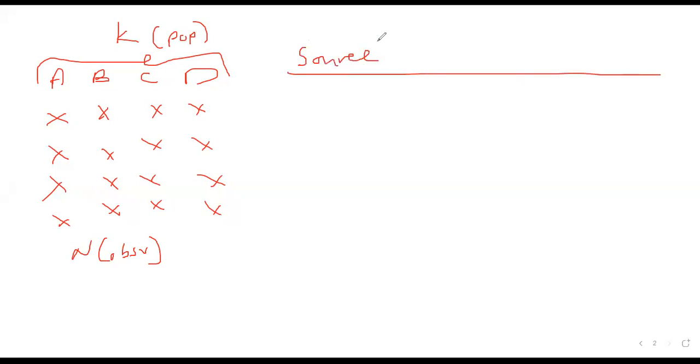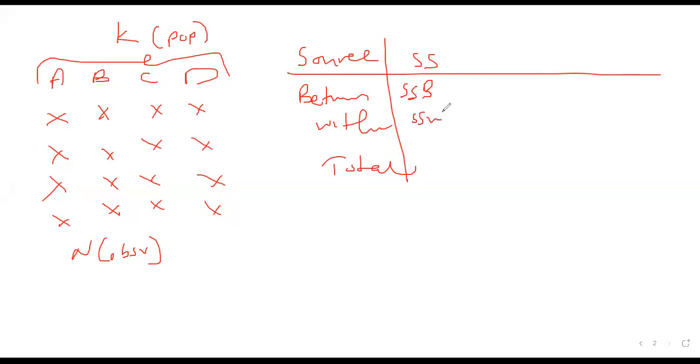We have the 3 sources of variation: between, within, and the total. The sources of variation have acronyms: sum of squares between, sum of squares within, sum of squares total.